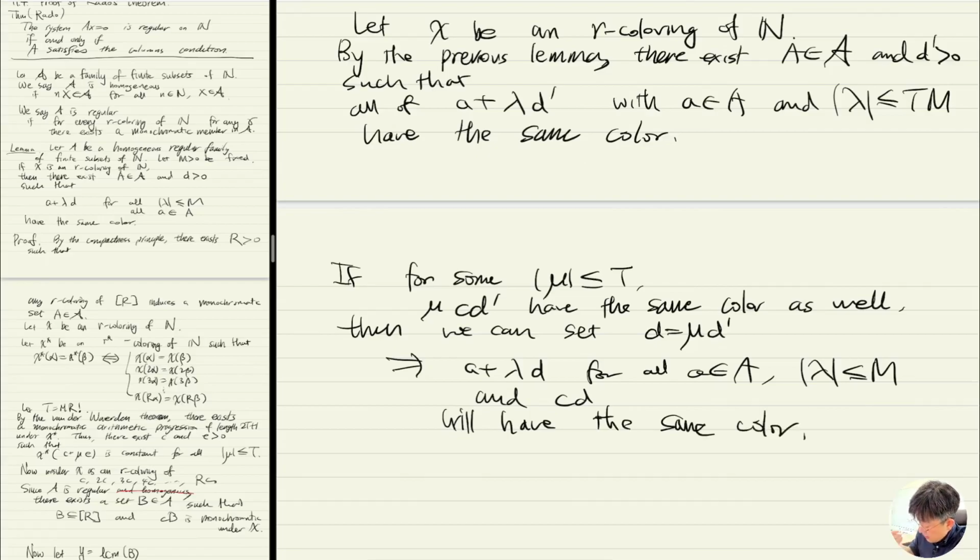Right? Because lambda D is equal to lambda mu D prime, but mu is small, so therefore it still lies within this arithmetic progression, which is monochromatic.